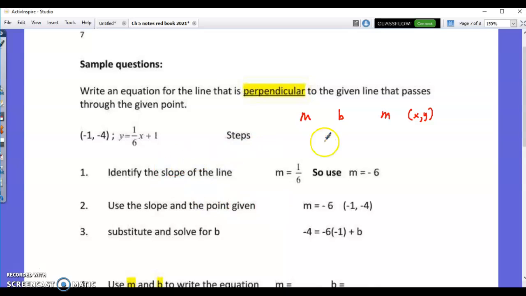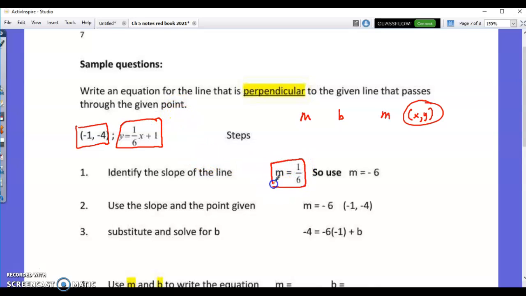All right? So in these examples, we're going to give you a point, which we're going to use here. So here's the given point, and we just need to figure out what m is going to be, depending on whether we're comparing a perpendicular or a parallel line. In this case, perpendicular. So the given line is this, and the given line's m equals 1/6.